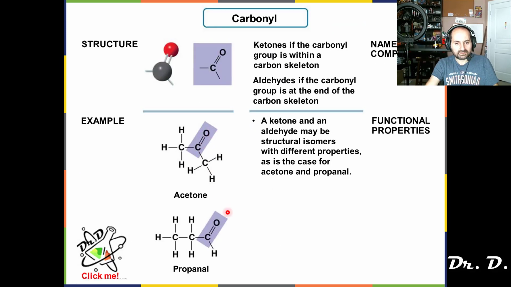Again, you have O double bond, and here's something you need to understand. Ketone carbonyl groups are when the O double bonds to a carbon, and that carbon has a carbon on each side. Aldehyde carbonyl groups are when you have O double bond carbon, but that carbon only has a carbon on one side, not both sides.